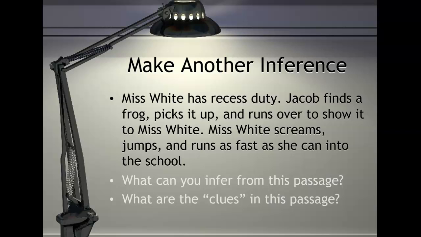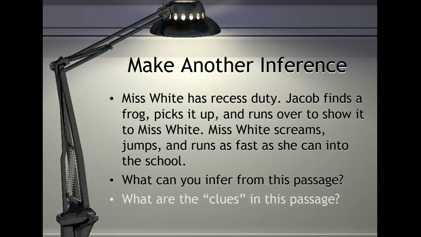Okay, so Miss White has recess duty. Jacob finds a frog, picks it up, and runs over to show it to Miss White. Miss White screams, jumps, and runs as fast as she can into the school. Well, what can you infer from the passage? Could you infer that Miss White is afraid of frogs?